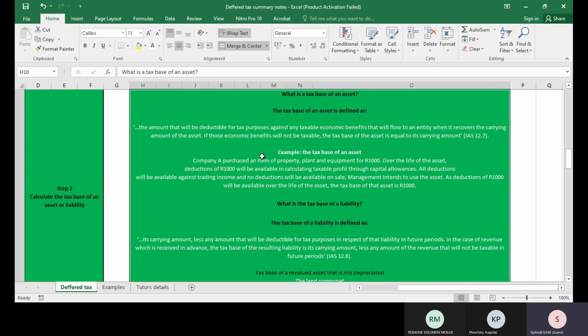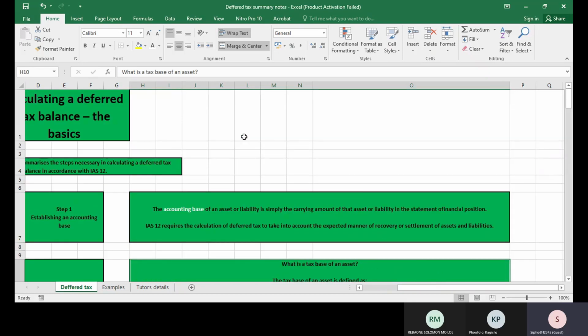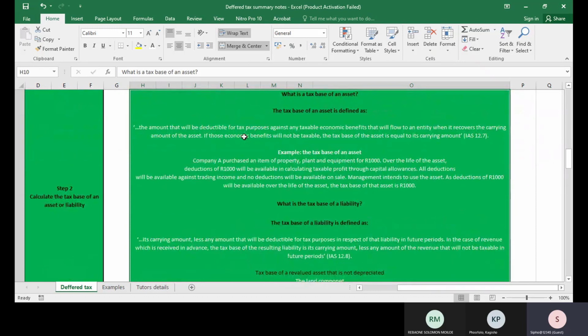So you need to know both definitions for assets and liabilities, because to be able to calculate deferred tax, you need to know what your carrying amount or your accounting base is, and then also you need to know what the tax base of that asset or liability is. So to make a typical example, first before I do that, let me just read you the tax base of an asset. What is basically the definition of a tax base of an asset?